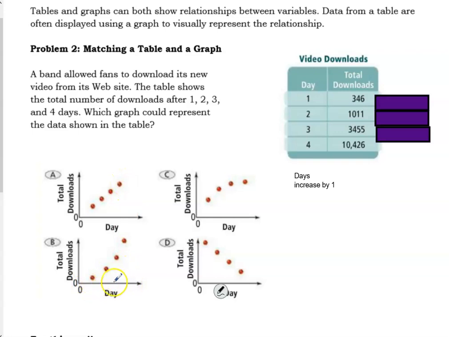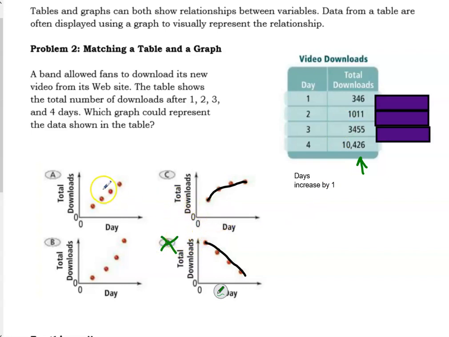In B, as days are increasing, the total downloads are still increasing. In C, as the days are increasing, the downloads also increase, but not at so fast of a pace. And in part D, the days are increasing, but the downloads are actually decreasing. Well, if you look at our table, our downloads are not decreasing. Our downloads are increasing. So we're going to eliminate option D.